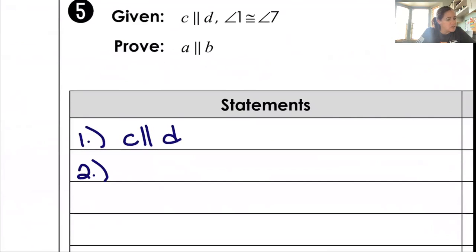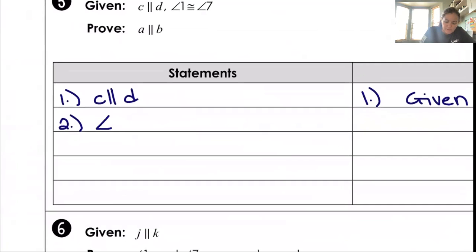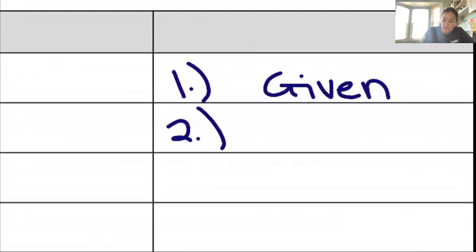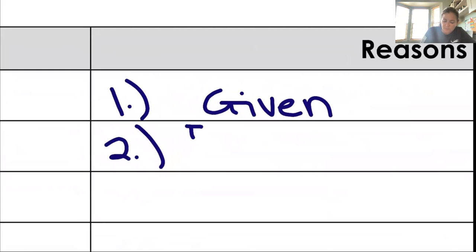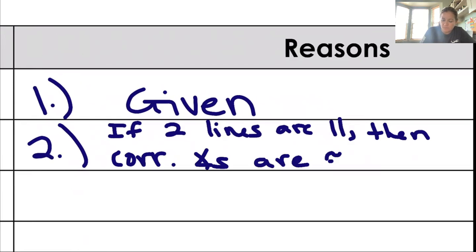So the parallel lines gave me 1 and 3. Angle 1 is congruent to angle 3, and that's if two lines are parallel, and corresponding angles are congruent.